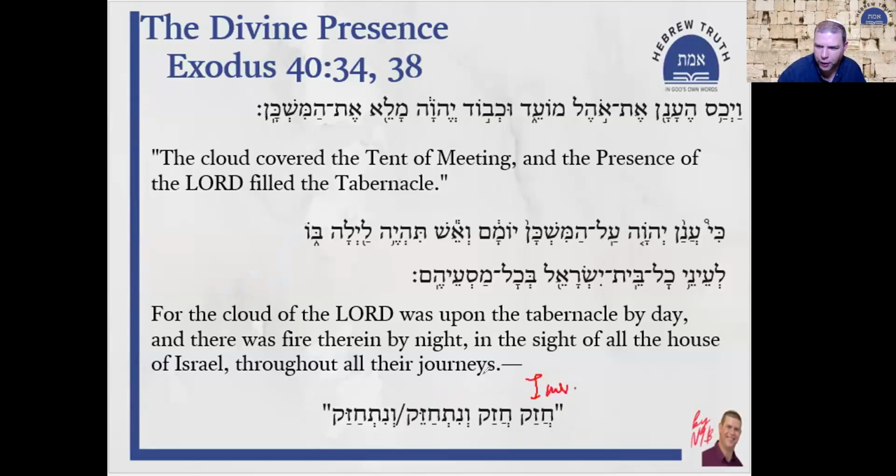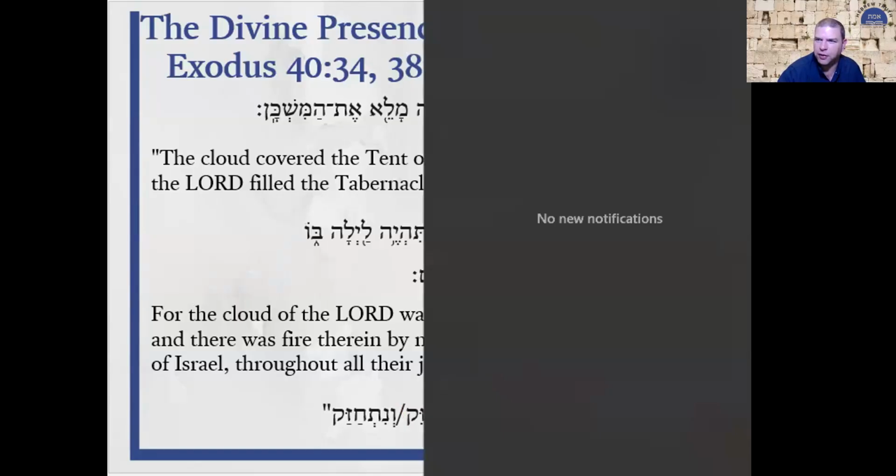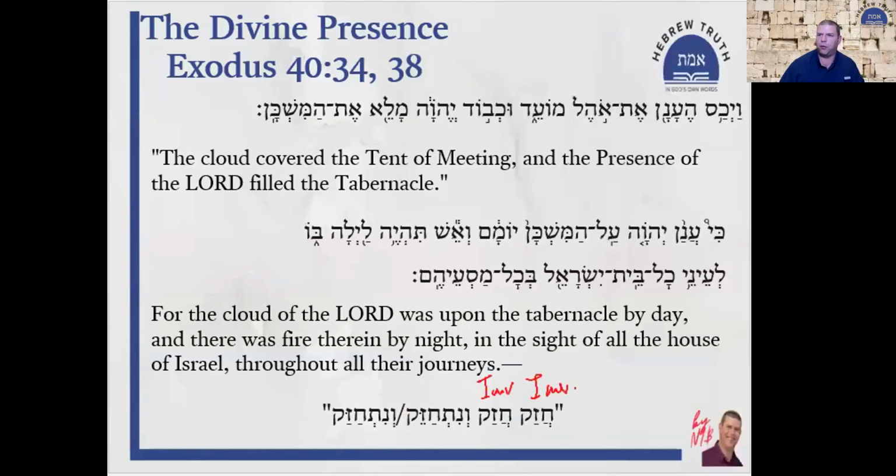So it's be strong, and let us all be strong. So it's an imperative followed by the cohortative, nitchazek. Some communities say nitchazak, following the verse in the book of Samuel, but it's a variant of the same thing.